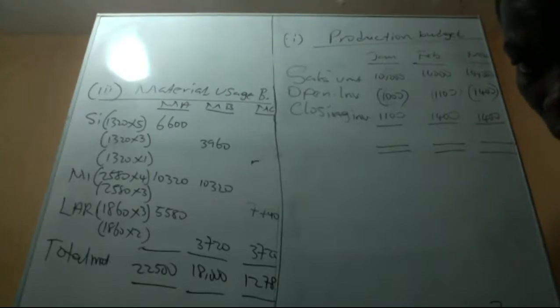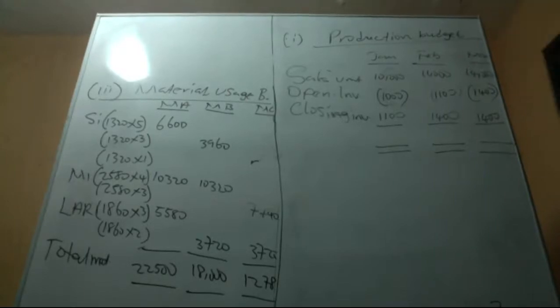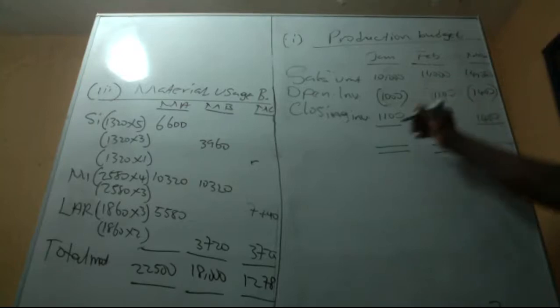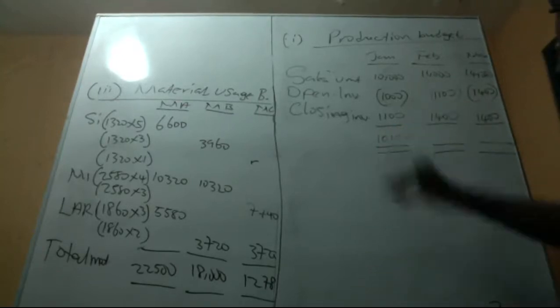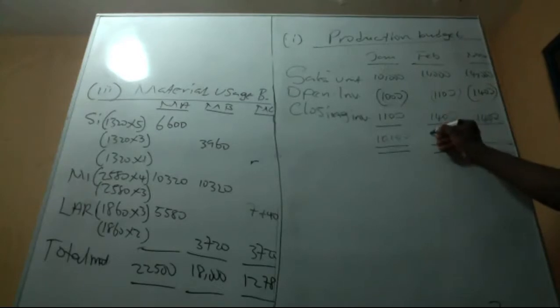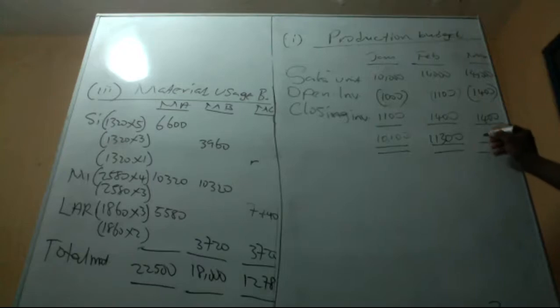Let me look for it. So here will be 10,100, right? Good. And here will be 11,300. And yes, 14,000. I hope you get that. So that's good, and that's the end of it.